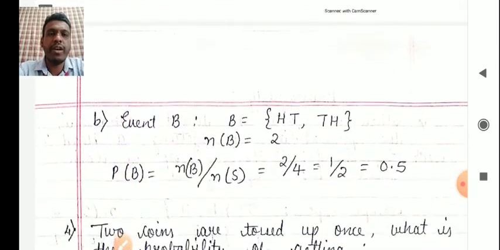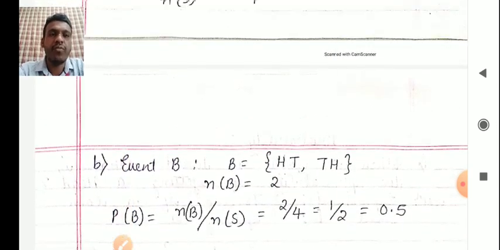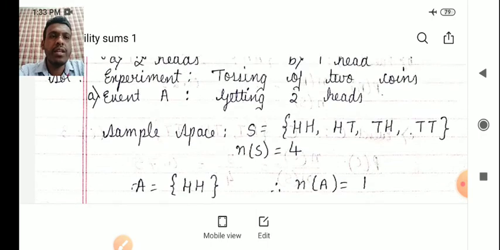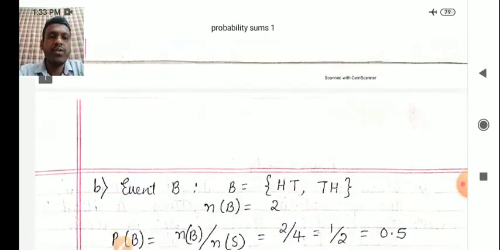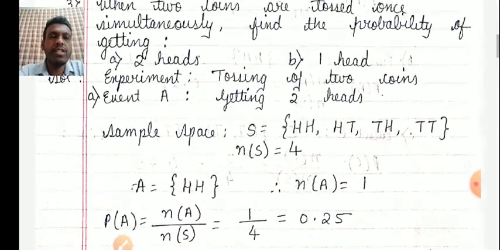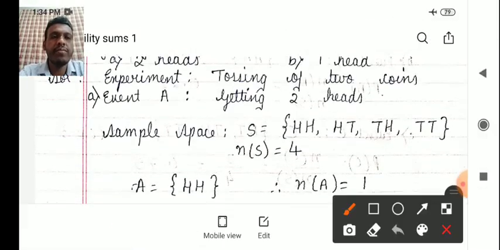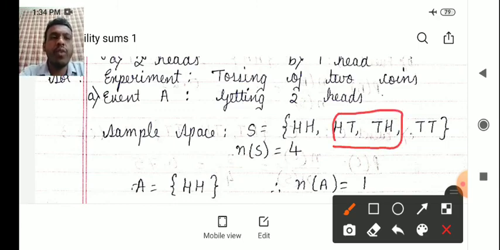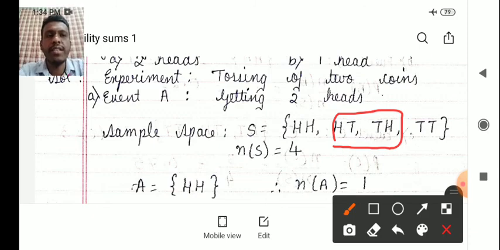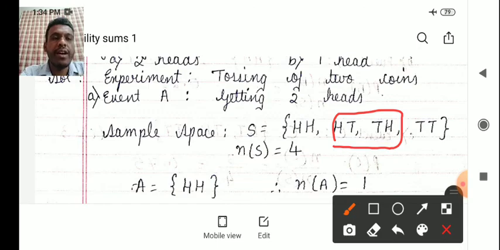Similarly, event B is the probability of getting one head. So where are the one heads coming? Just see here. These are the only events where you are getting one head. Here you are getting two heads, here you are getting zero heads. So two events are there where you are getting one head.